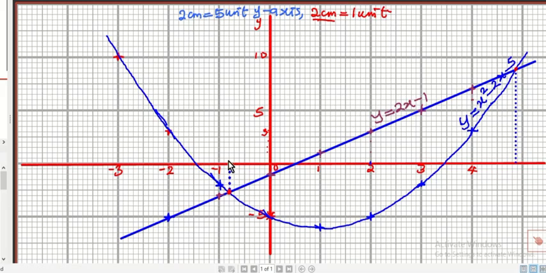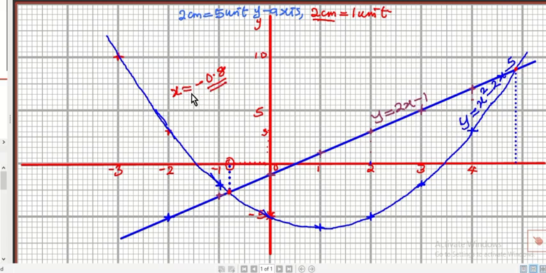So when I trace it down, this is the point where x is going to be minus, okay, let's count. Each line there is 0.1, 0.2, 0.3, 0.4. Okay, let's count again. 0.1, 0.2, 0.3, 0.4, 0.5, 0.6, 0.7, 0.8.